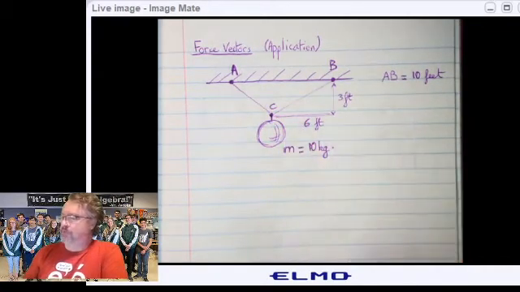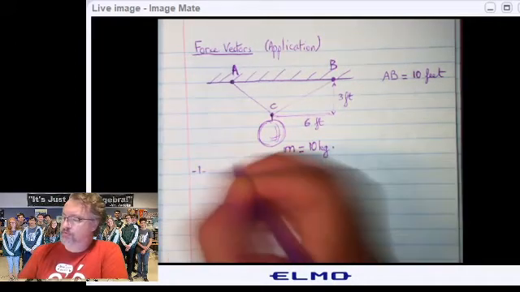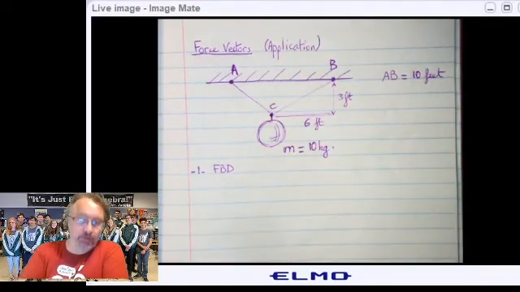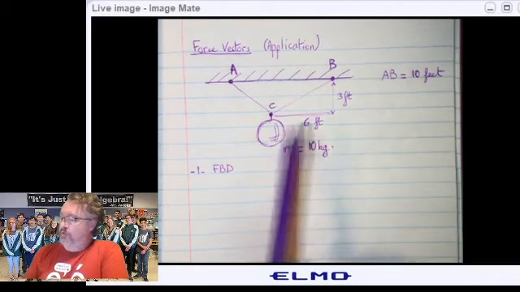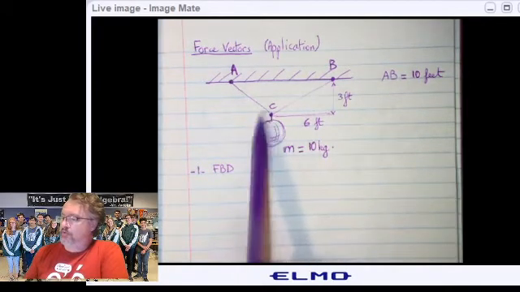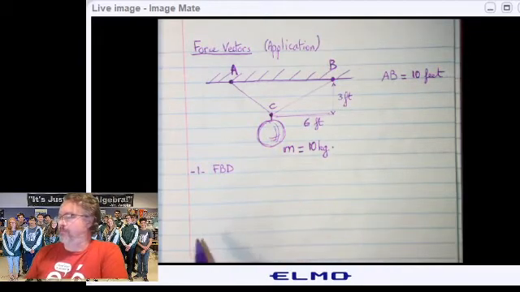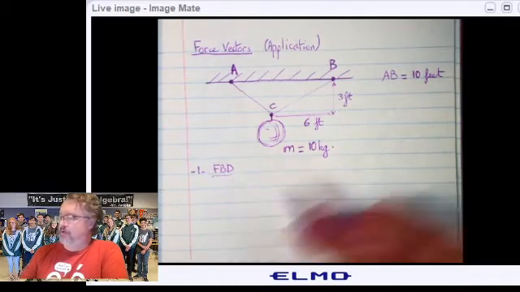Okay? So the idea in this kind of situation is to first create a free body diagram. We're going to create it for this part, but we're going to really represent it by the point C. So what kind of forces do we have at the point C?